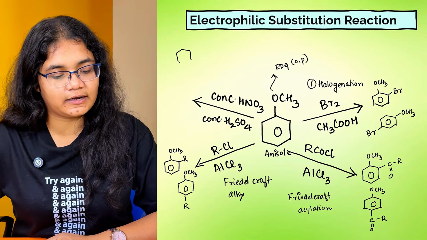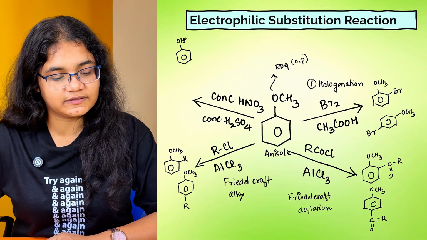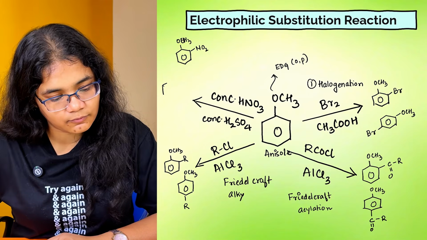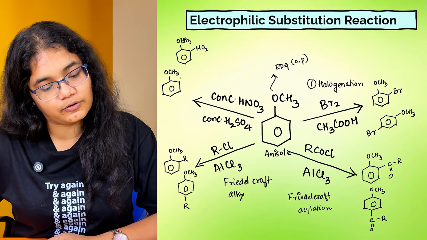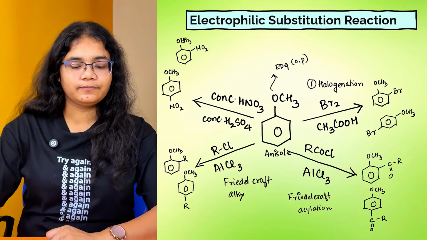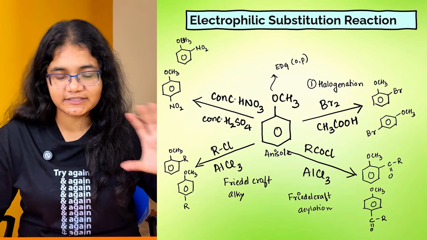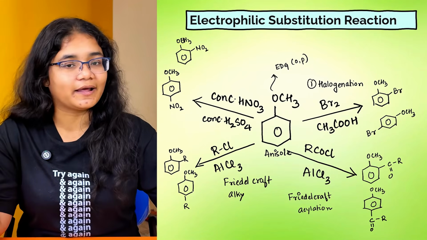So here you will get OCH3 and NO2 at the ortho position and you have one more OCH3 group, and you have NO2 at the para position. Okay, so this is how the products will be formed. Very simple, the reagents are constant. Just remember that OCH3 is an ortho-para directing group.